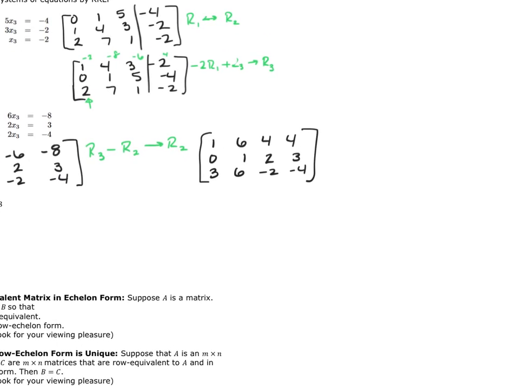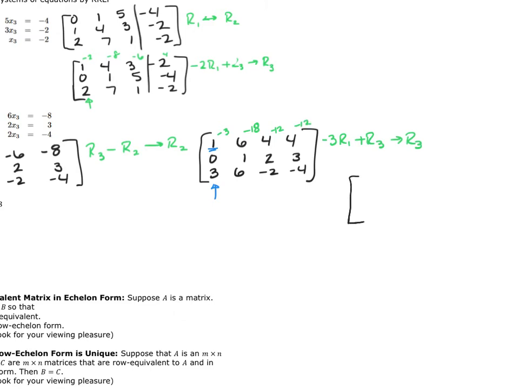Now again, this is my pivot right here, so I need to make this to be a 0. So what I'm going to do is I'm going to do negative 3 row 1 plus row 3 back into row 3. So this would be a negative 3, negative 18, negative 12, and negative 12.